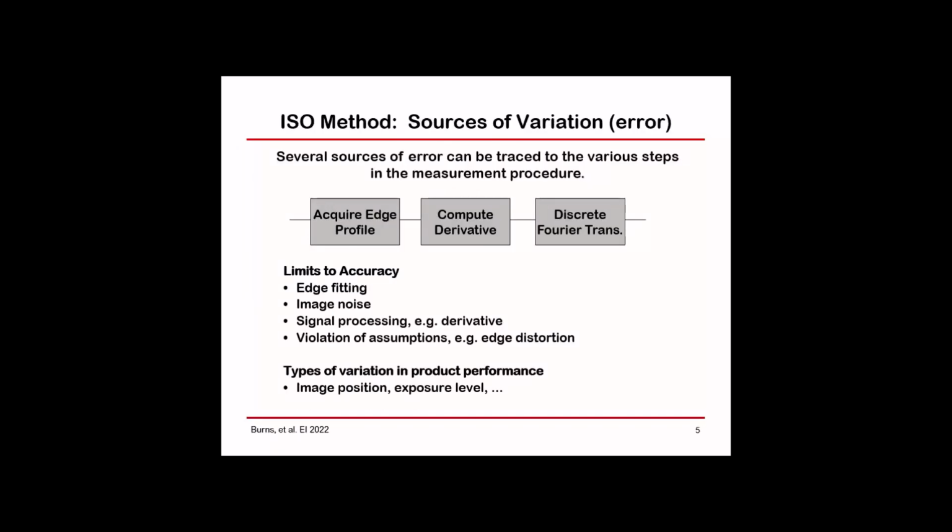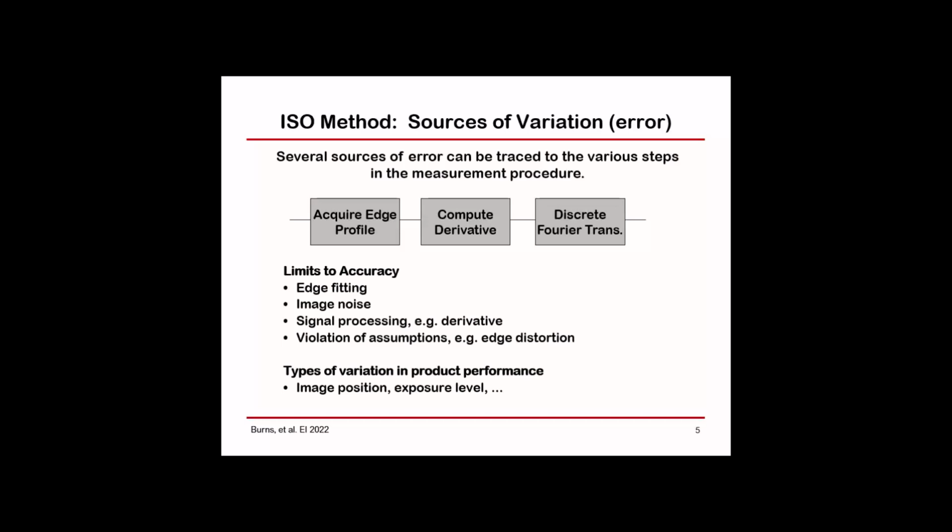However, with any physical measure, or I guess statistical measure, there are sources of error or variation. I'm thinking of a statistical view here. Because this method can be broken down into various steps, we can think of what might limit the accuracy and also the variation, or precision. Well, there's the edge fitting.